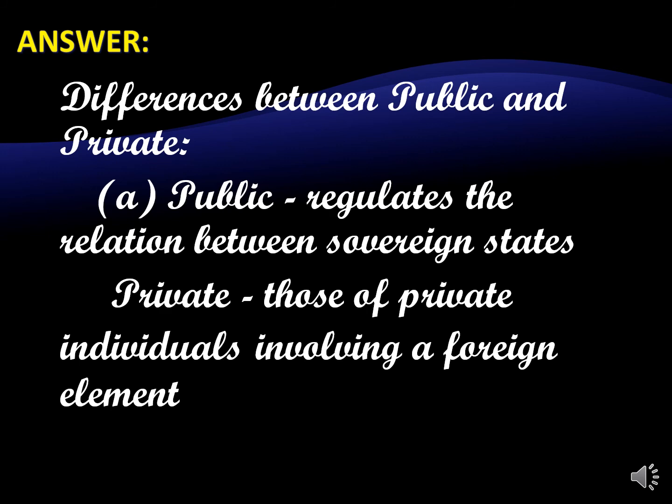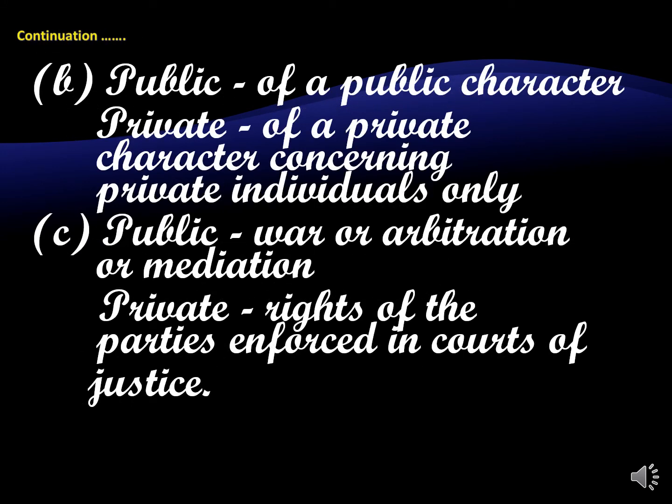And then B: public, of a public character; private, of a private character concerning private individuals only. And C: public, war or arbitration or mediation, and then following it, private, rights of the parties enforced in courts of justice.